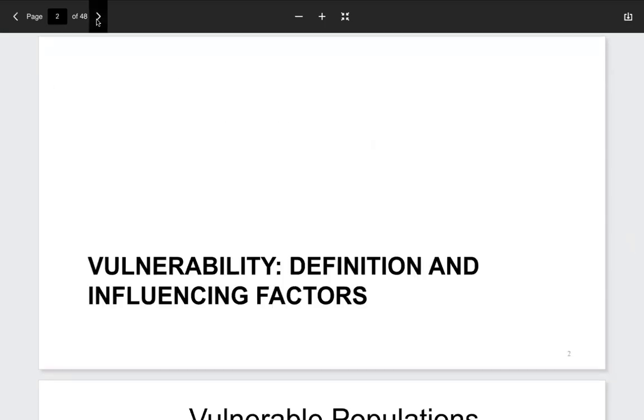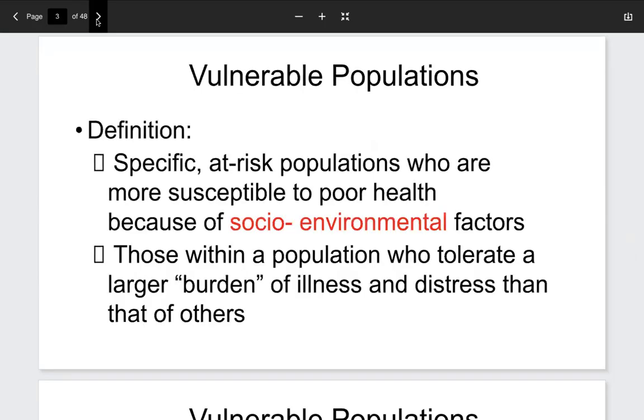So throughout the course so far, you've heard these terms of at-risk, marginalized, excluded communities, vulnerable communities, but what exactly does that mean? This was defined earlier in the semester, but just as a review, when we're talking about vulnerable populations, we're referring to specific at-risk populations and communities who are more susceptible to poor health because of socio-environmental factors.